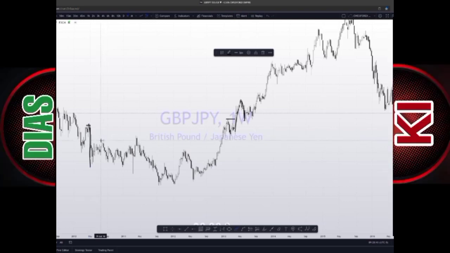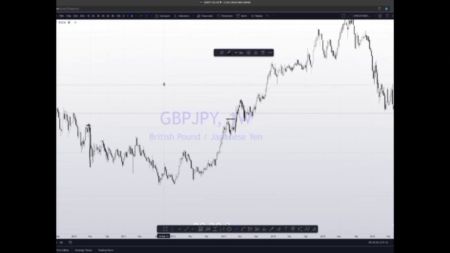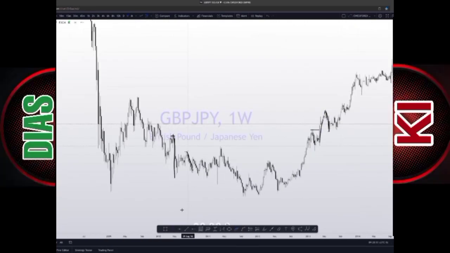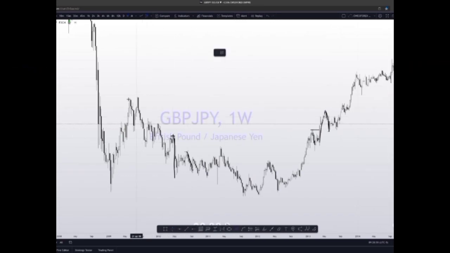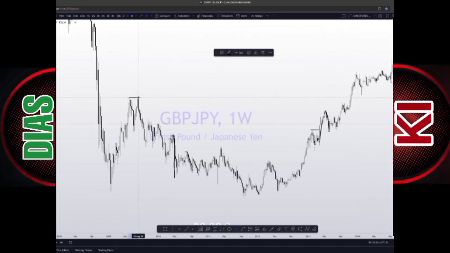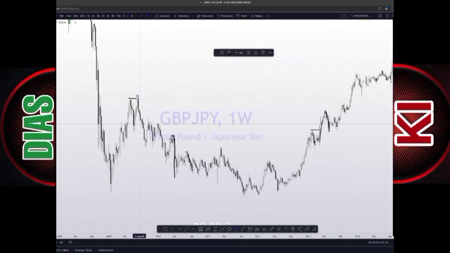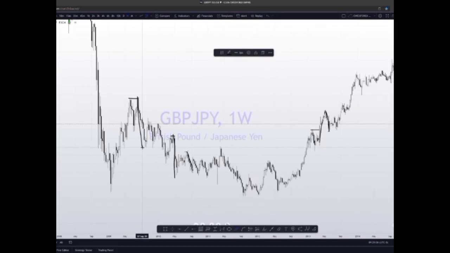Previous weekly high and drop. Then over here too, you can see price took out this previous weekly high and drop. You get it?